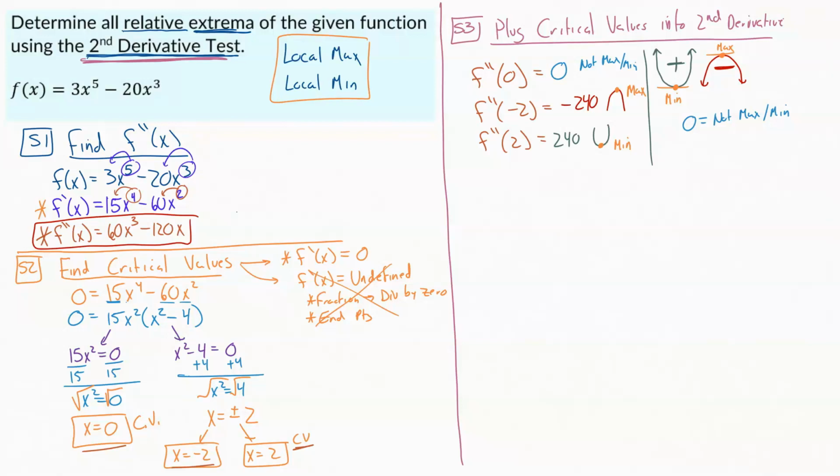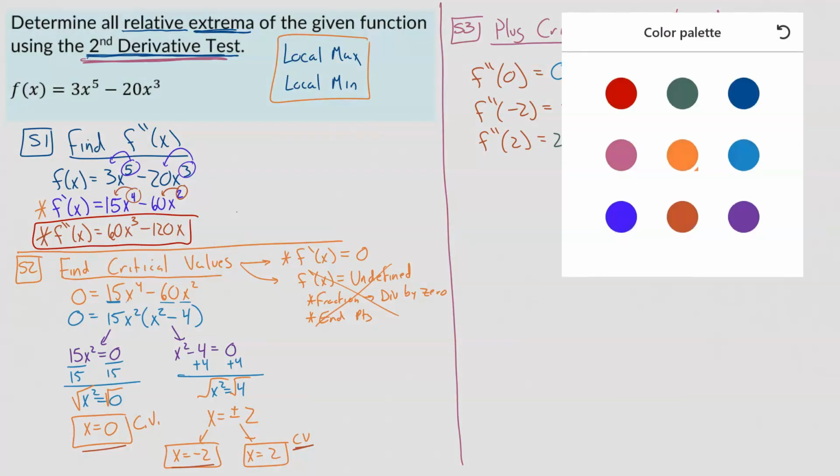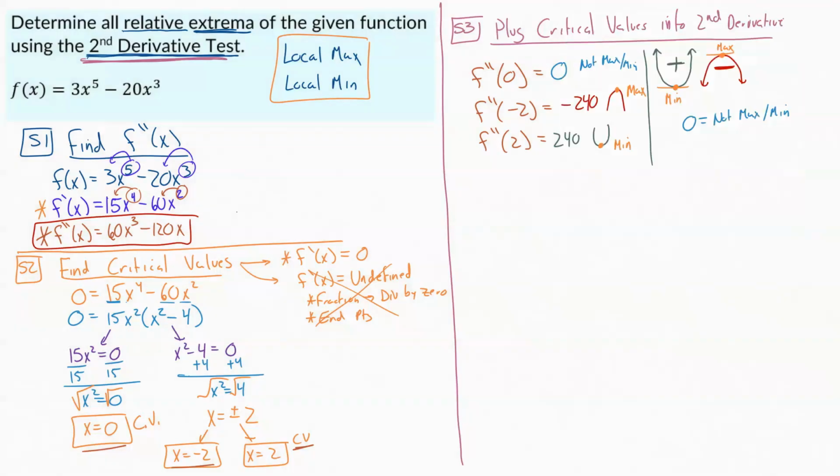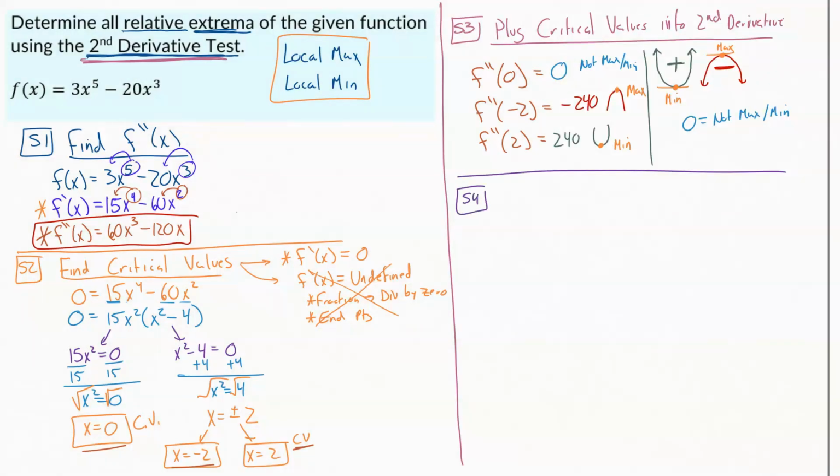And so from there, the last step of this is to go ahead and draw out any final conclusions. Sometimes they want you to give them what the actual point on the graph is. So you would say to yourself, okay, we know we've got a local max, and then to get the value out, we would have to plug that value into our equation. So we would want to know f of negative 2.